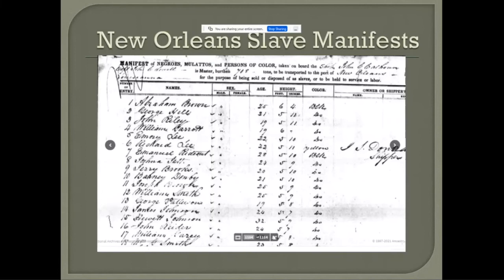So, yeah, last names. If you have a slave with a last name, say in 1870, and it says they were born in North Carolina, South Carolina, Virginia, that area, try to find a slave manifest with that name on it. That might get you back a little further. And this just has the name of the slave trader.